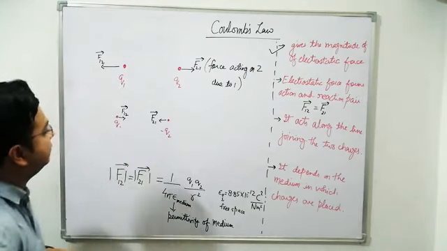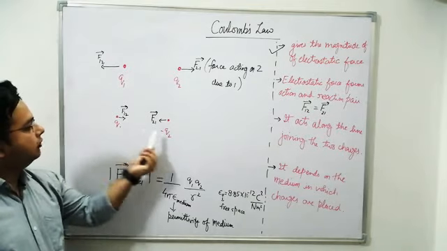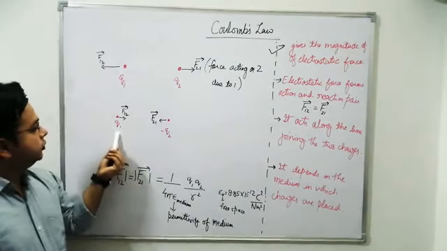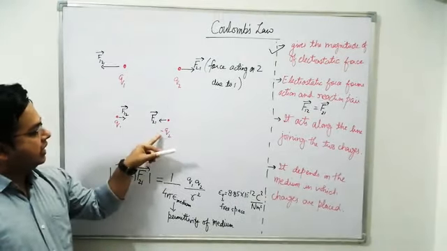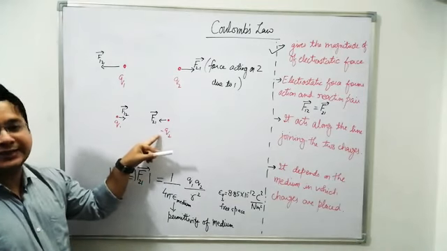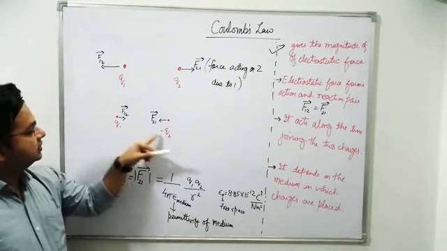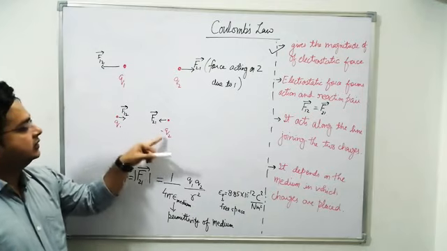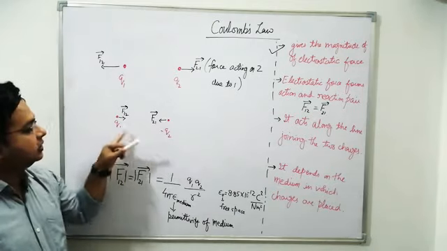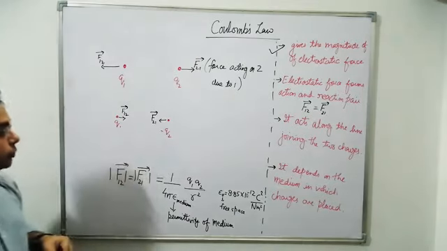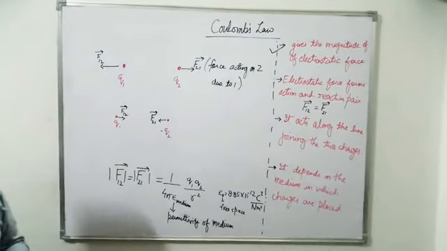Likewise, if we have two charges of opposite nature, Q1 and Q2, where Q2 is negative in this case, the charges are of different polarity, so they are going to attract each other.